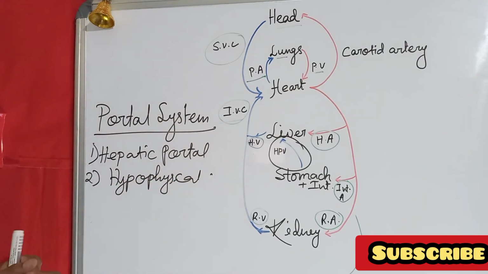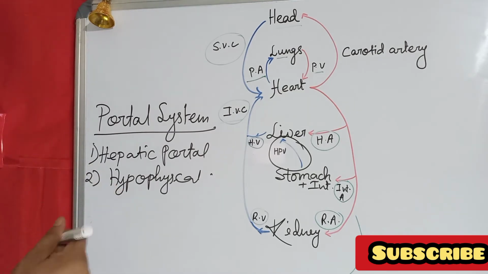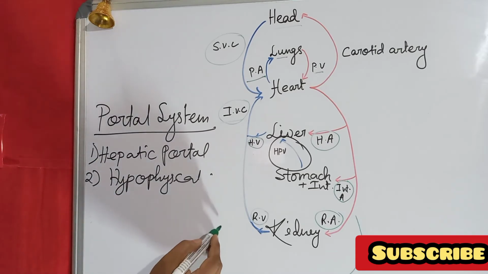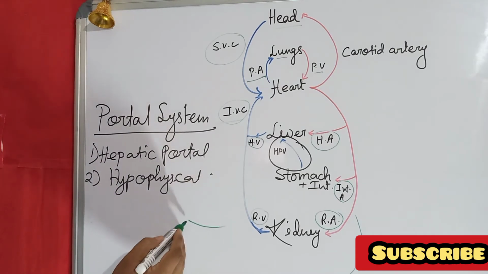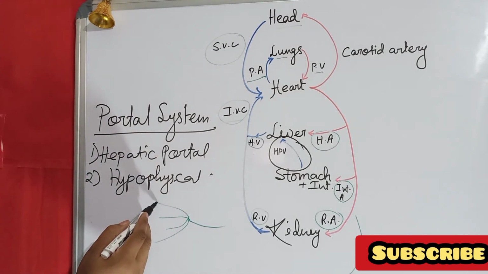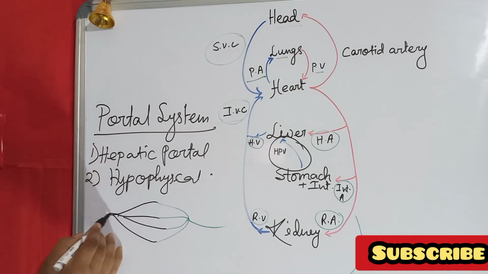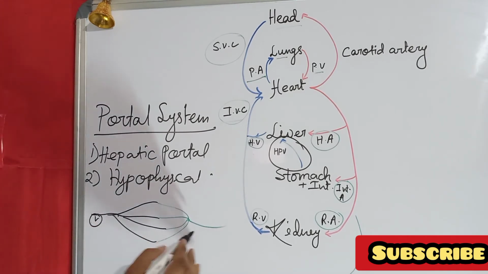Basically, as we know, the artery and vein are connected together with the help of what? Capillaries. Suppose this is an artery and this is a vein. See, this is vein, this is artery.